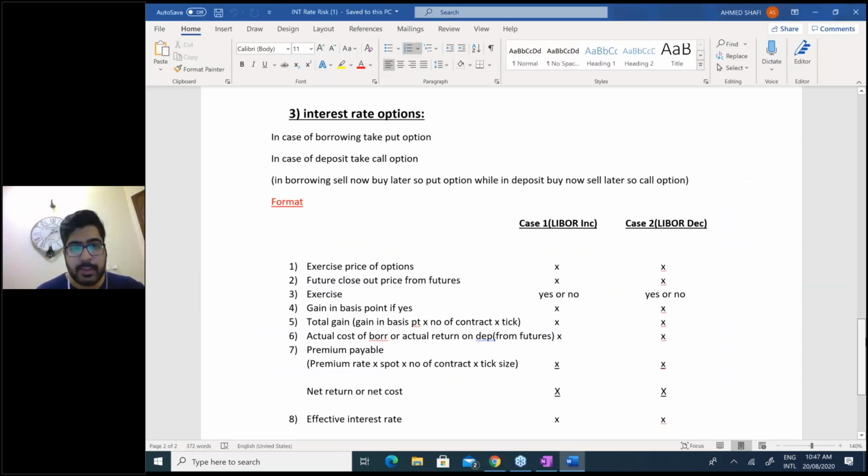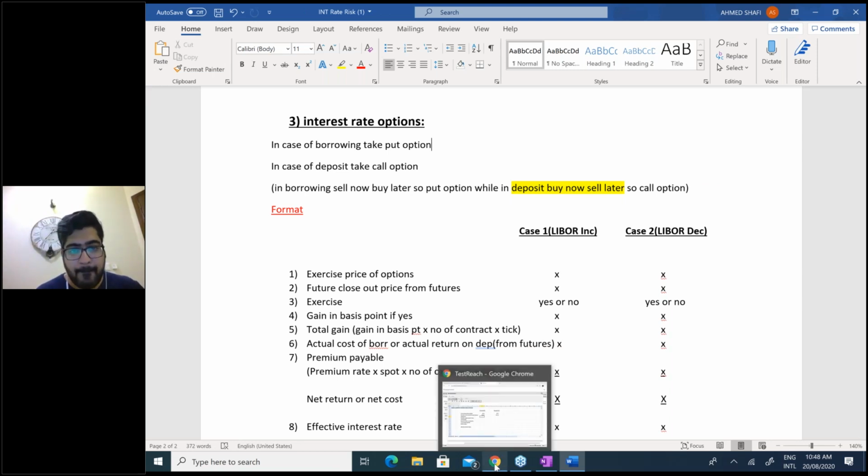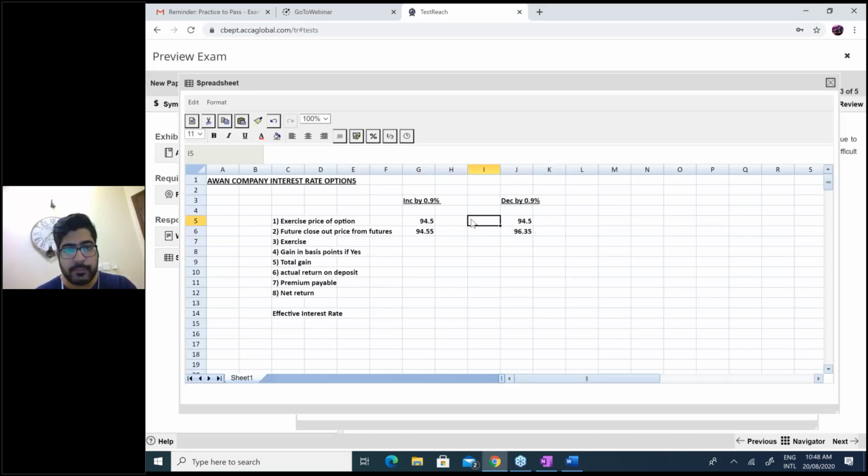What was the strategy? In deposit, the strategy was buy now, sell later. So apply the buy now, sell later approach, where I've written B and S. Look at the first column: buy now for 94.5 and sell later for 94.55.